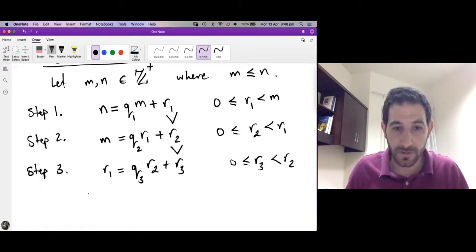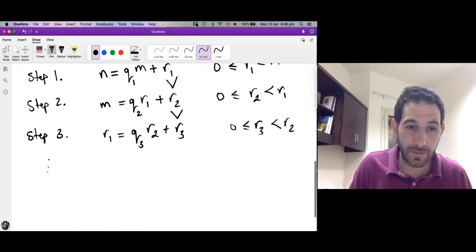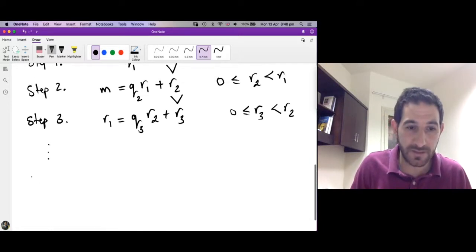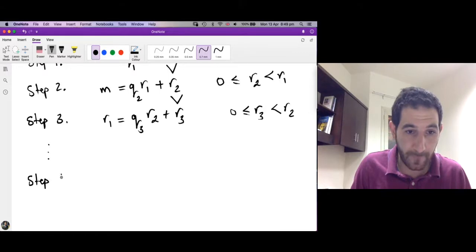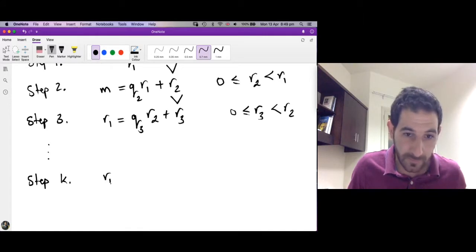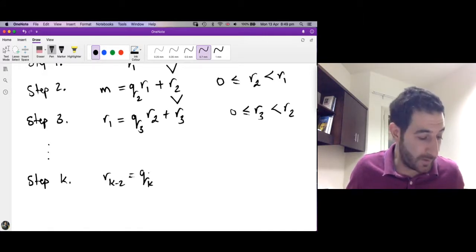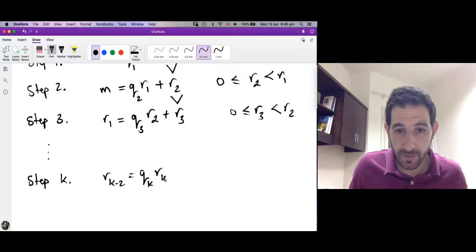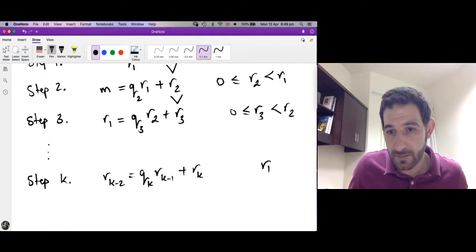and so on. So we keep doing the steps until, let's see what happens in step k. In step k we have r_{k-2} equal to q_k times r_{k-1} plus r_k, where r_k is bigger than or equal to 0 and strictly less than r_{k-1}.